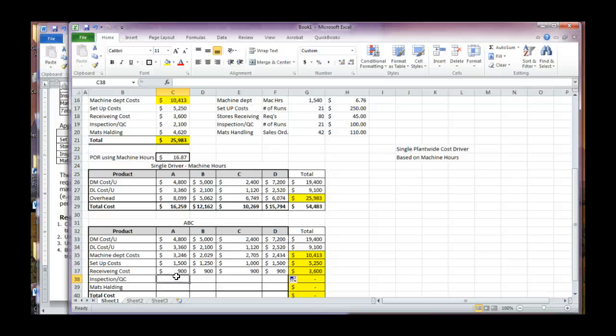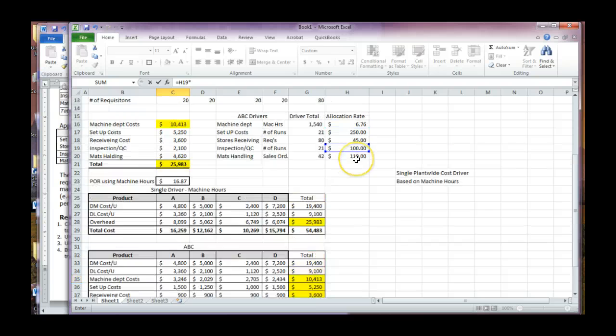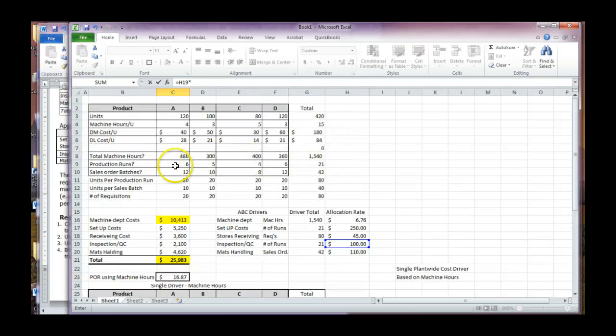Inspection costs. It's going to be $100 per production run. So I'm going to take the $100 times, I said times, hold on, I got lost a little bit. All right, equals $100 times the number of runs, production runs.